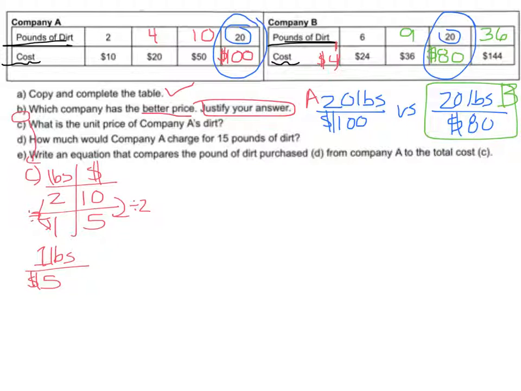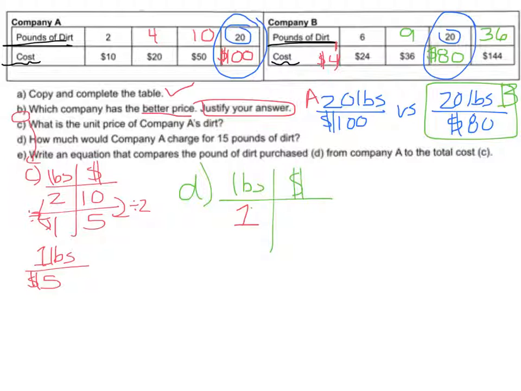Now let's talk about D. How much would company A charge for 15 pounds of dirt? So I remind you, for D, we're going to use that beautiful rate that we have here of pounds per dollar. And just like what we had over here, we found our unit rates, because remember, a unit rate is when one of our parts, either pounds or dollars, is equal to 1.